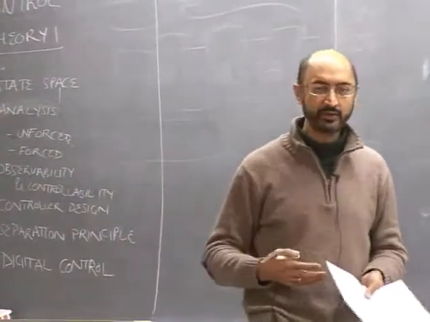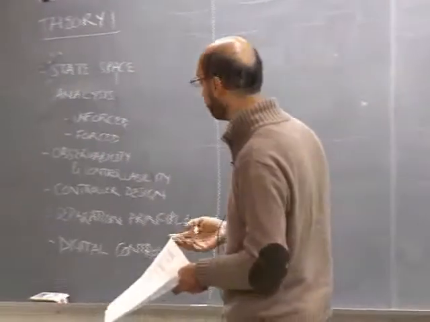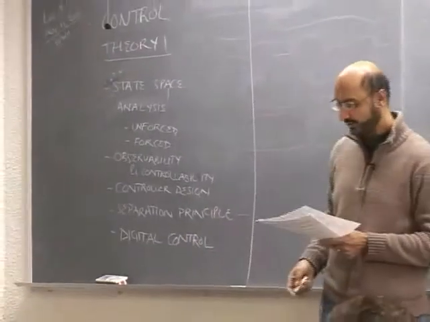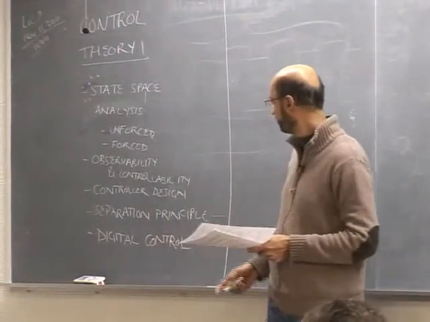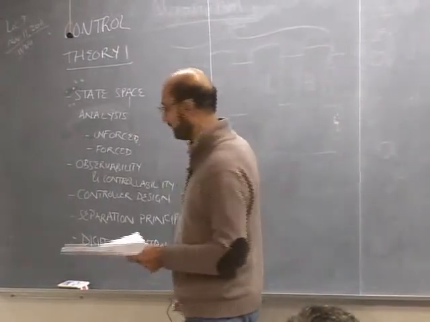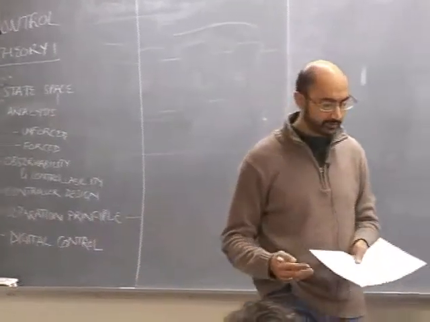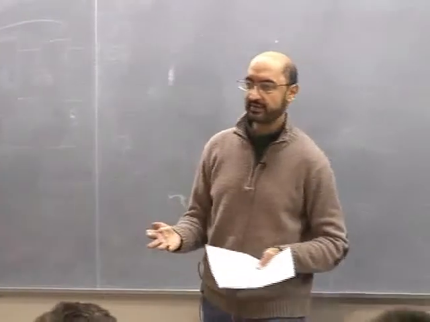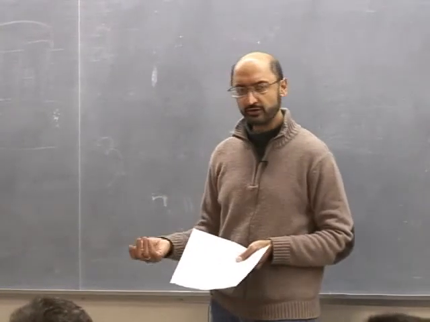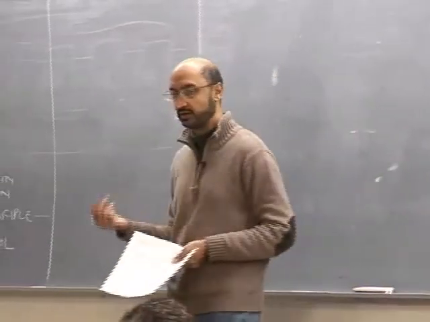We can still learn from them some principles which are very useful in system design. In particular the separation principle, which we'll talk about a bit more, and then the observability and controllability criteria for a system. Then I'll go on to digital control, and it's a paradox that even though computers and computer networks are digital systems, they turn out to be easier to study as continuous time systems.